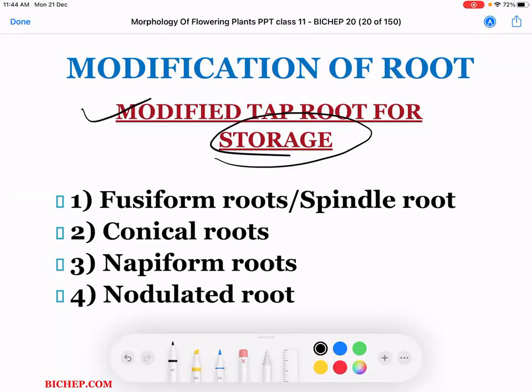One is taproot system and second is fibrous root system. So this one is a modification of taproot for the storage. Ready? So modification of the root, that is tap and fibrous are separated here. So first what we are about to see is modification of taproot system for the food storage.